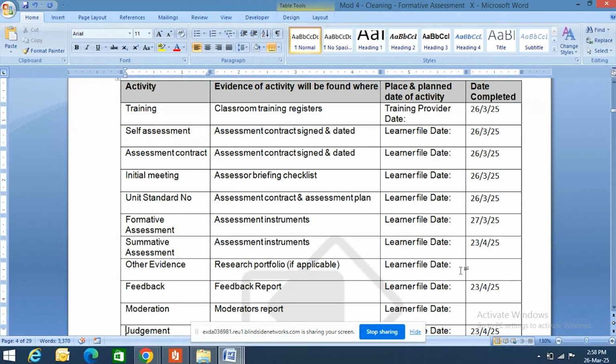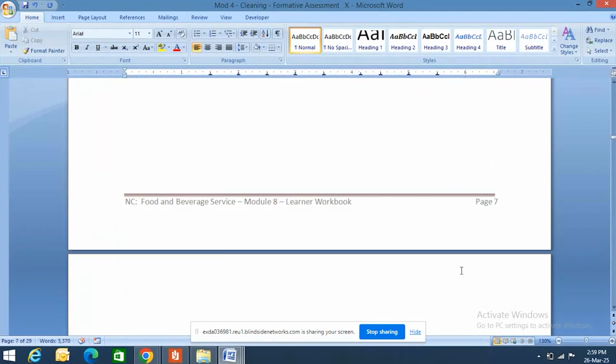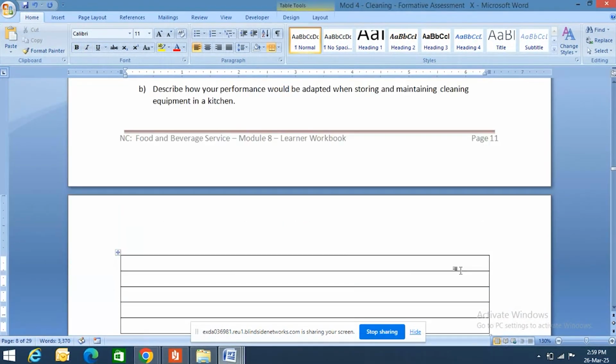Okay, so the date at the end of the checklist, the learner date, is going to be the 27th of the 3rd, guys.